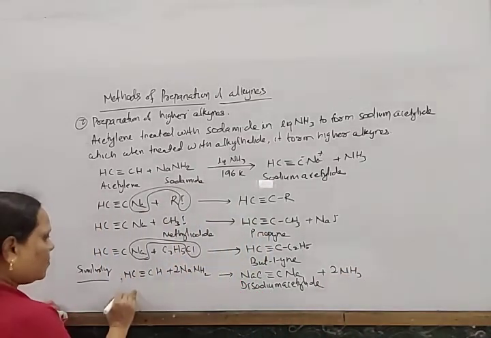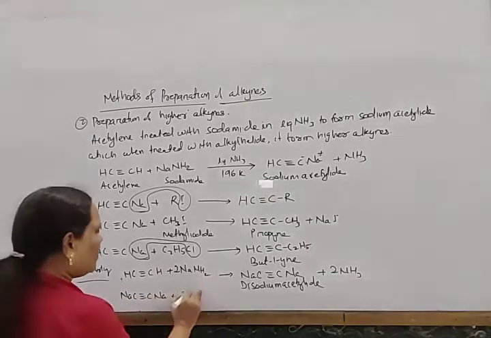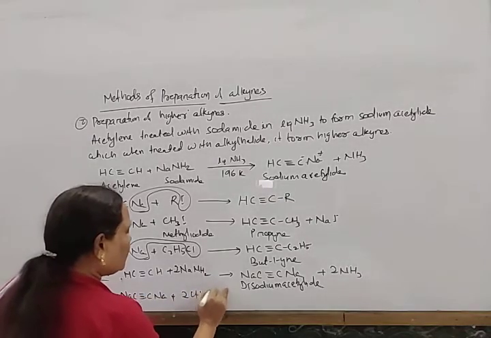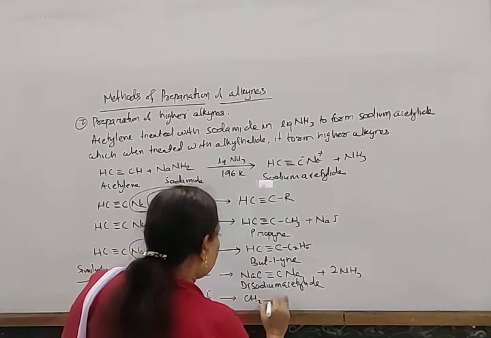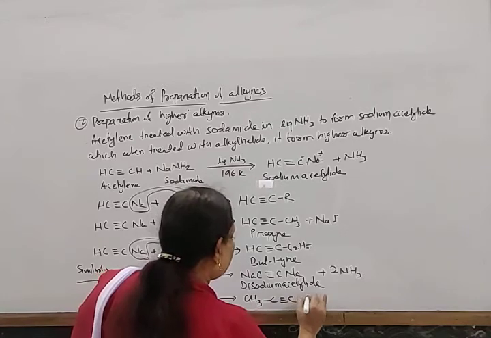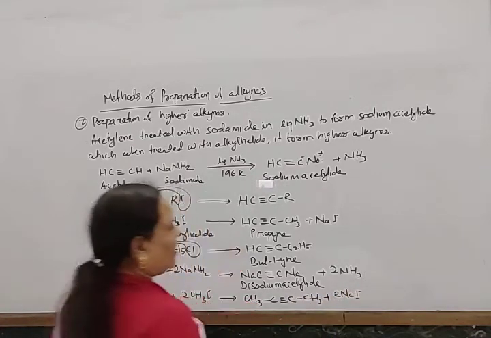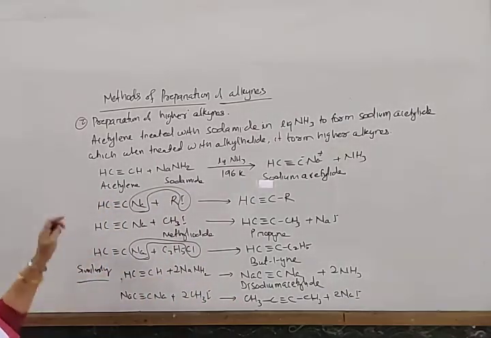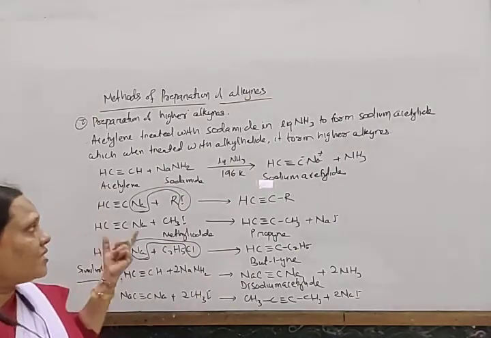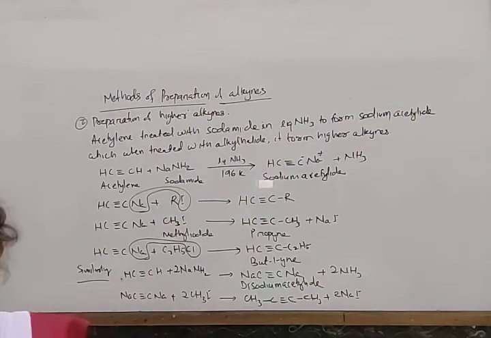This disodium acetylide, treated with 2 moles of alkyl halide, CH3I, gives CH3 C triple bond C CH3 plus 2NaI. So three different products are formed. Higher alkynes are formed by reaction with sodamide. Okay, so note down this.